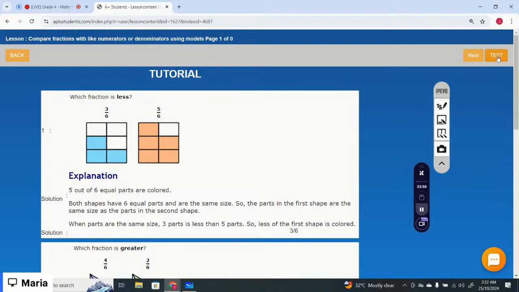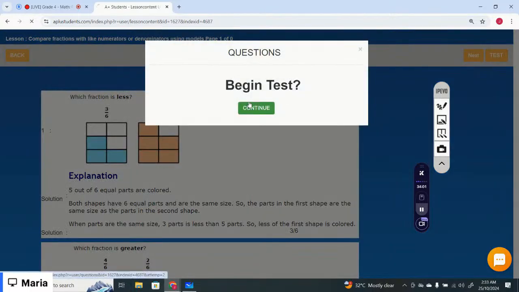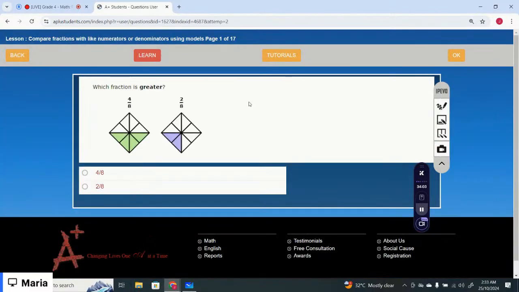Let's just start with the test questions. Which fraction is greater? 4 by 8, 2 by 8. Which is the correct option?